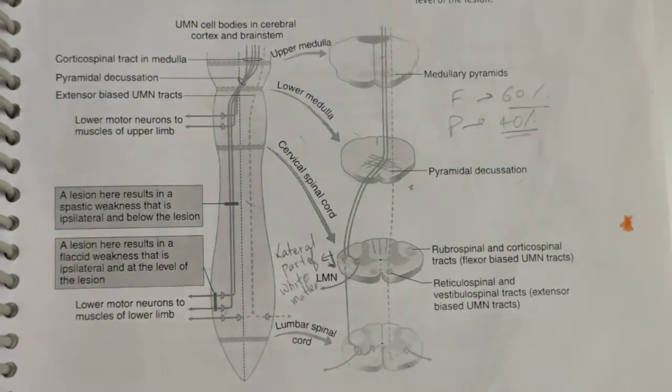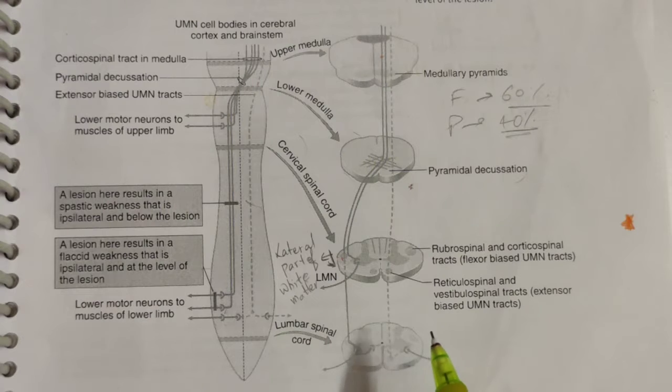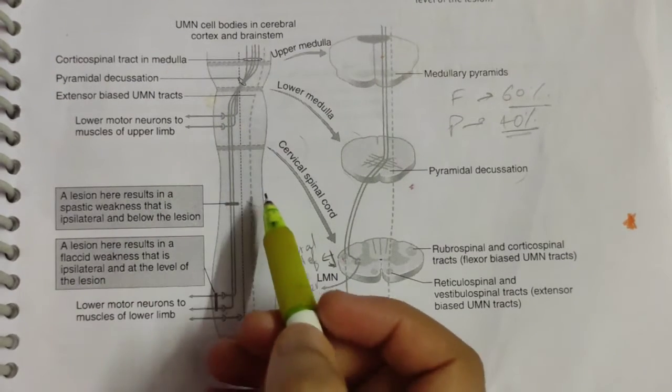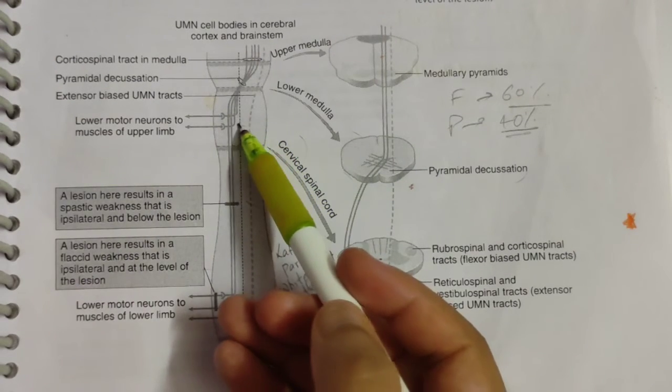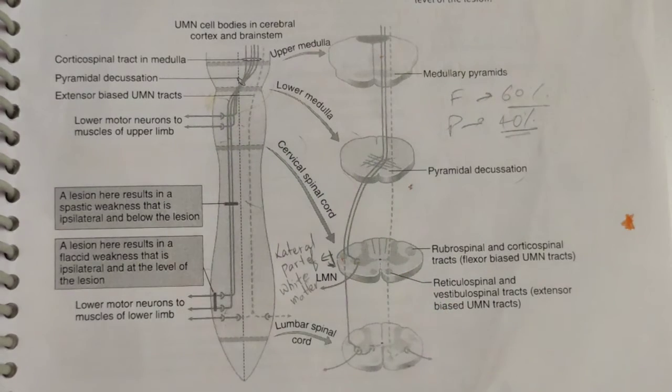So these fibers in the corticospinal tract leave the cerebral cortex and carry axons out of the cortex, and these corticospinal fibers then descend through the brain stem in the ventral portion of the midbrain, pons and medulla.